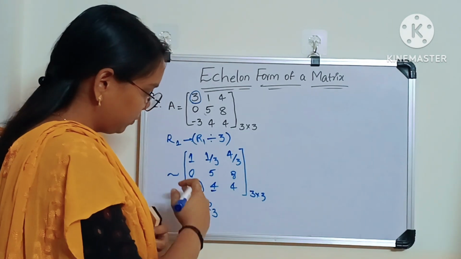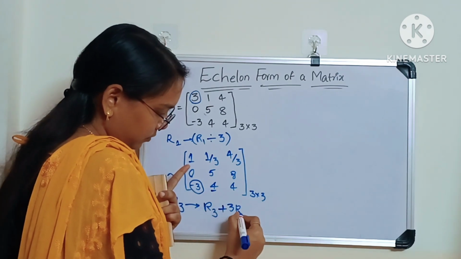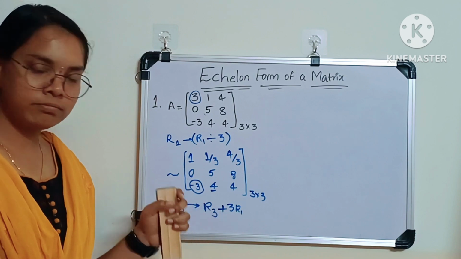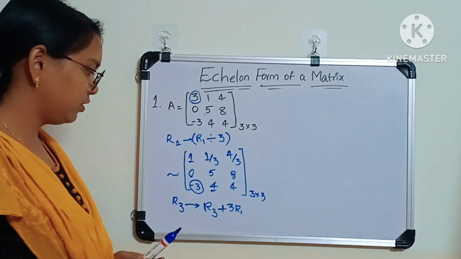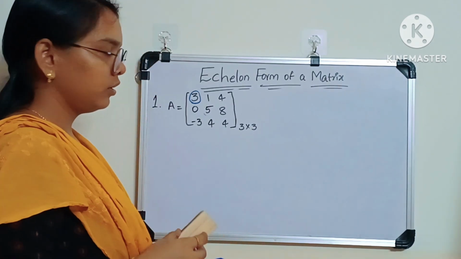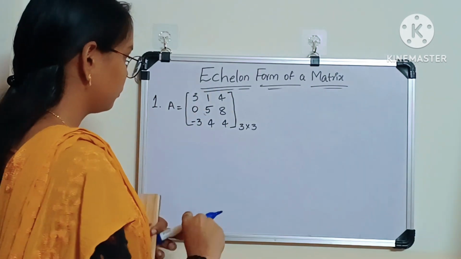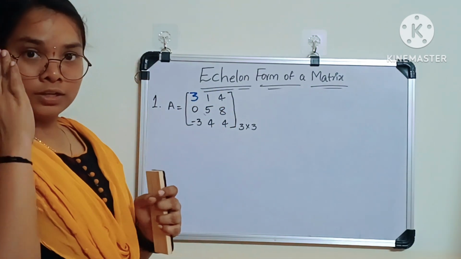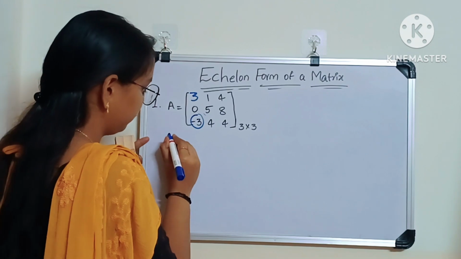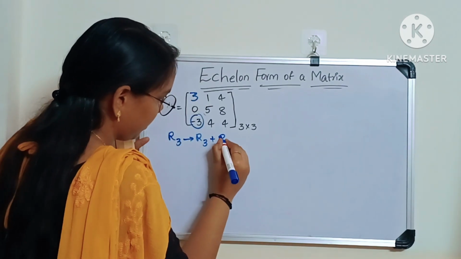So we are converting using R1: R3 tends to R3 plus 3 times R1. Actually, we are already dividing by 3, so straight away we will convert these two elements to 0 using row 1: R3 tends to R3 plus R1.